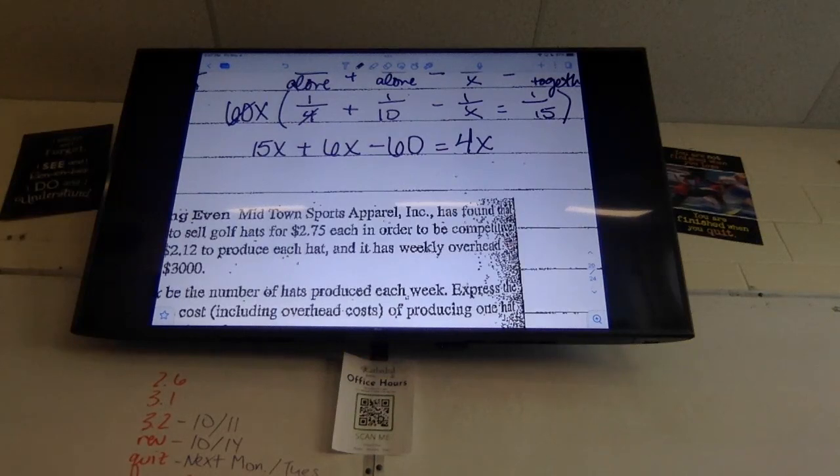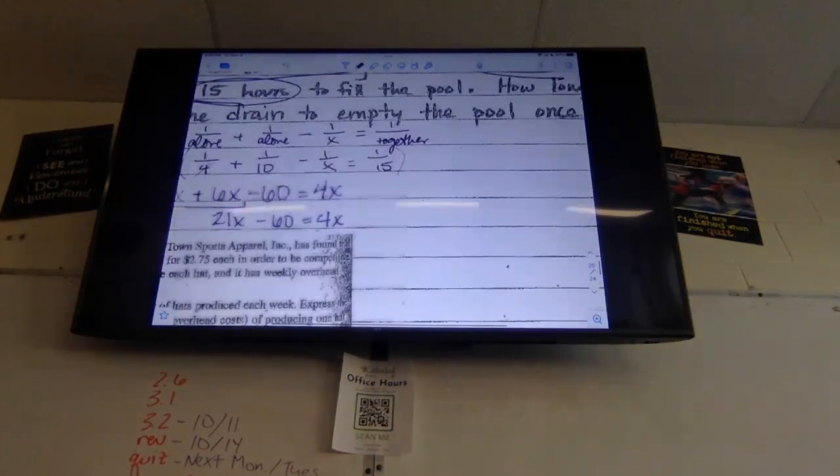Even though I have more x's than last time, it's still an Algebra 1 thing because I just have x's, and I'm going to add them together. So I'm going to combine all my x's. I'll combine these two over here first. That becomes 21x minus 60 equals 4x. And then as I move it, I'm going to move the 21x over to that side. I'm going to subtract 21x from both sides.